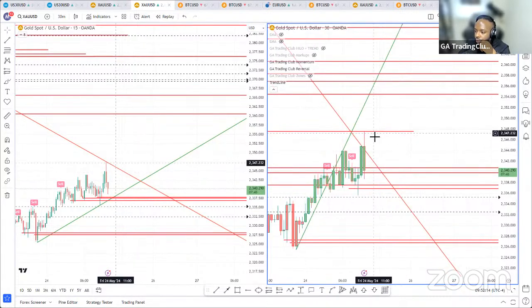For this 30-minute, I don't know. We'll see. We'll see how these 30-minute candles close.